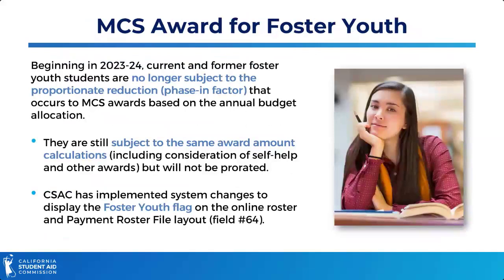For our foster youth that will participate with the MCS award, there is one difference: they are not subject to that phase-in factor. They would still go through that calculation, but there is no phase-in factor applied to their award amount. Also, we have implemented a system change to display the foster youth flag on the online roster and payment roster file layout.